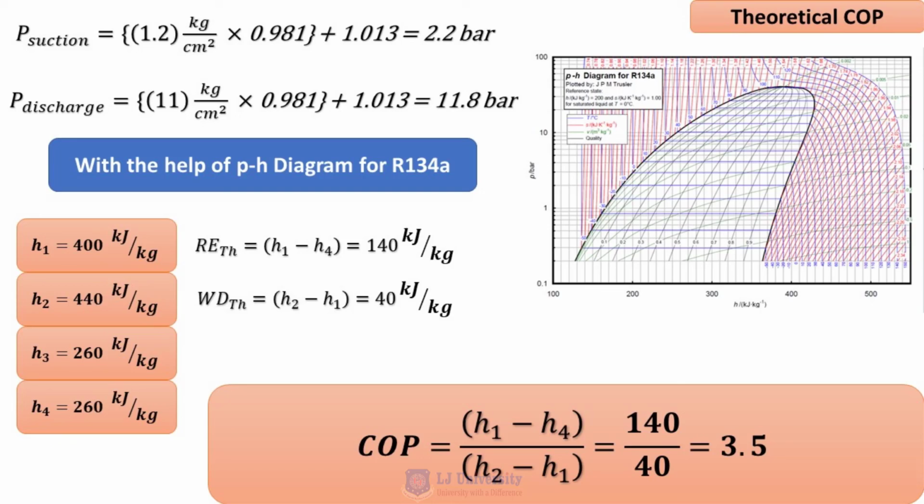Refrigeration occurs in the evaporator, between H1 and H4, so H1 minus H4 gives the refrigeration effect. The compressor is between 1 and 2, so H2 minus H1 gives the work done given to the compressor. So the theoretical COP is (H1 minus H4) upon (H2 minus H1), and we get a theoretical COP of 3.5. This is how we can calculate the theoretical COP as well as the practical or actual COP of the air conditioning test rig.